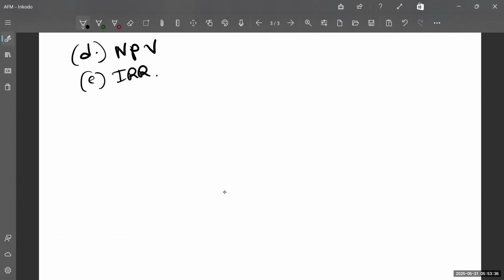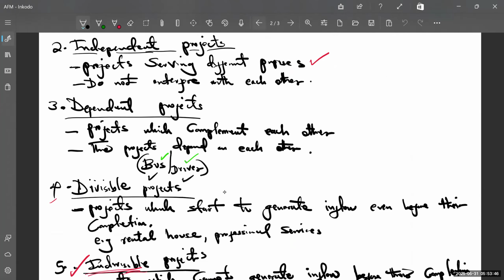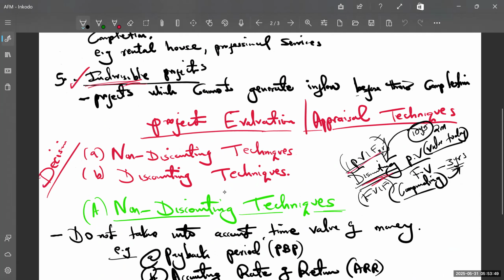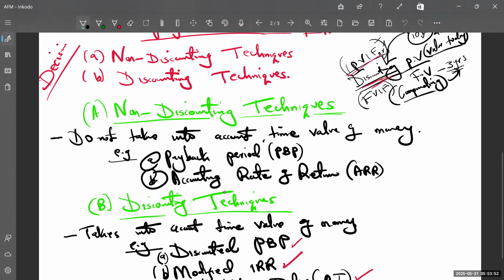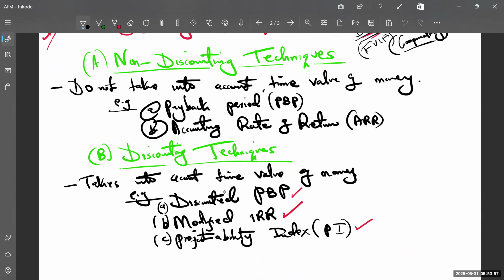Now, without skipping a breath, I would want us to dive deeper and look at it in a perspective where, out of all these project appraisal or project evaluation techniques that we've listed, from both categories, non-discounting and discounting techniques, what features are you looking at? What are your areas of consideration for you to say that I will prefer to go with the discounted payback period, or I would want to go with profitability index as the best method to use in this evaluation exercise?